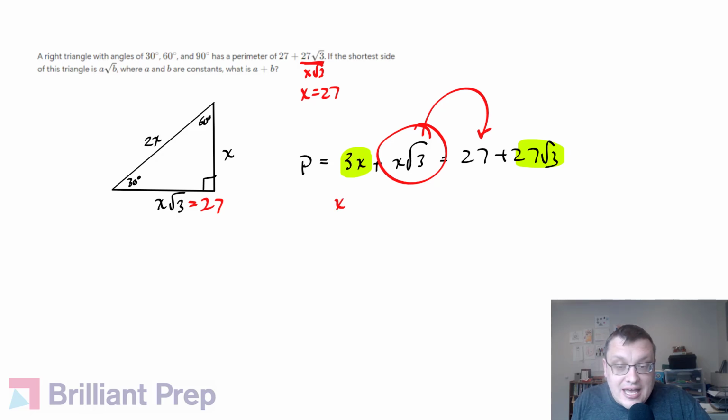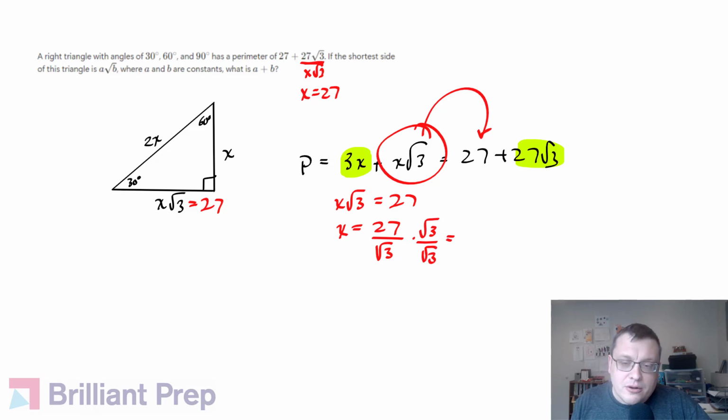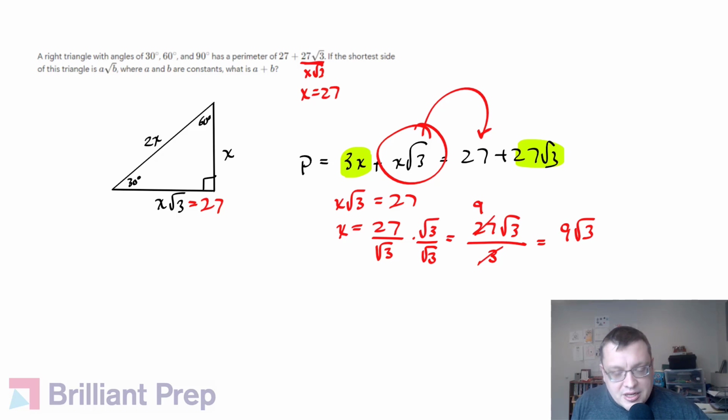For example, x radical 3 is equal to 27. Let's divide both sides by radical 3. Let's rationalize. We'll multiply the top and the bottom by radical 3 over radical 3. So we get 27 radical 3 over 3, since radical 3 times radical 3 is 3. This 3 will cancel a 3 in the numerator, and we're left with x is 9 radical 3.